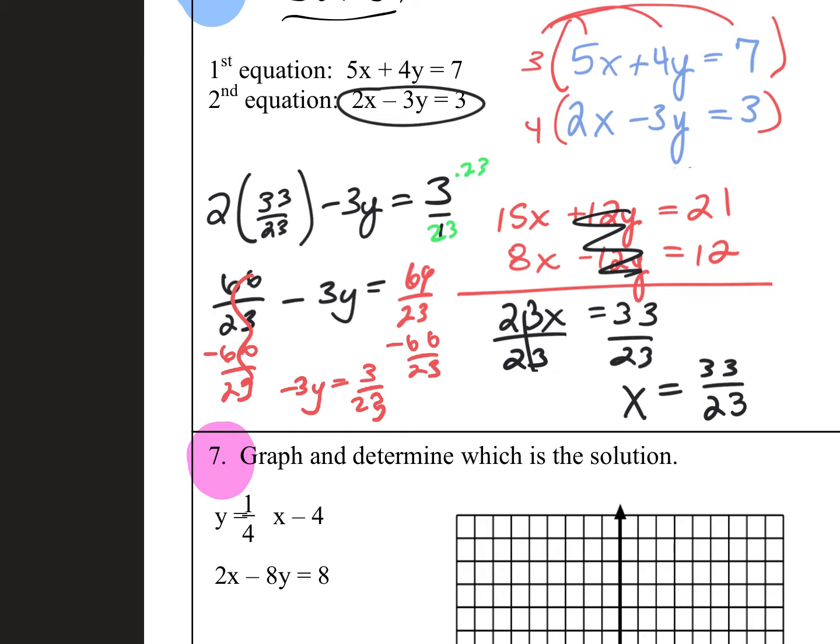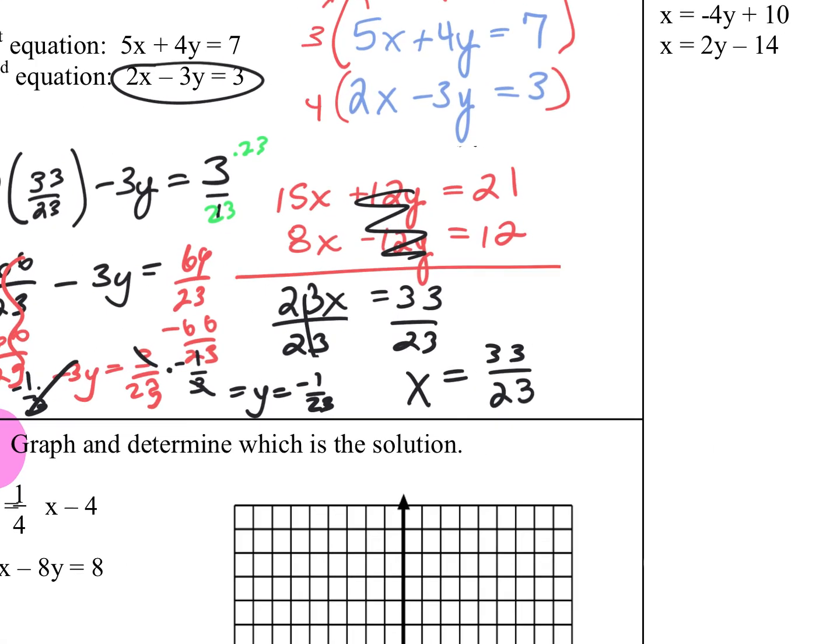Divide both sides by negative 3, which is the same as multiplying both sides by negative 1/3. So my 3's will cancel out, and what do we get? Y equals negative 1 over 23. Is that what you told me you got, Allie? Yeah. Perfect. So we write our answer as 33 over 23, comma, negative 1 over 23.